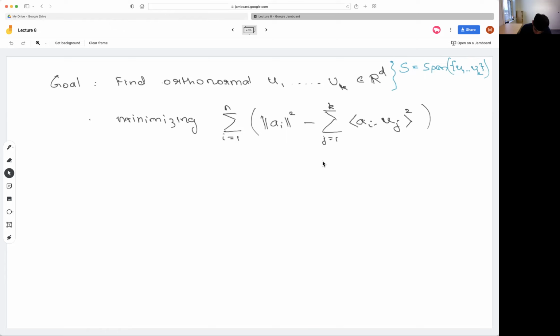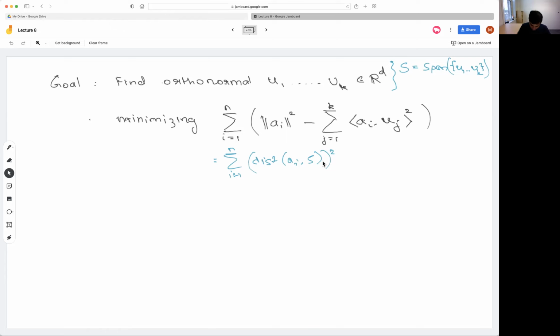So this is what we are after, which is the distance of AI from S squared, right? And on the previous page, we just proved that this is a way of computing the distance. So we are after this quantity.